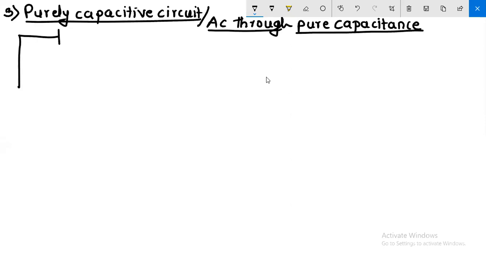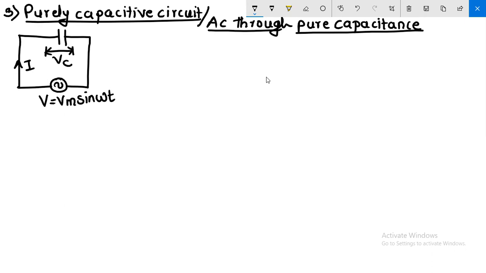This is the capacitor C, and the voltage applied across the capacitor is V, given by V equal to Vm sine omega t. The current through it is I. The voltage across the capacitor is VC, and the value of the capacitance is C.